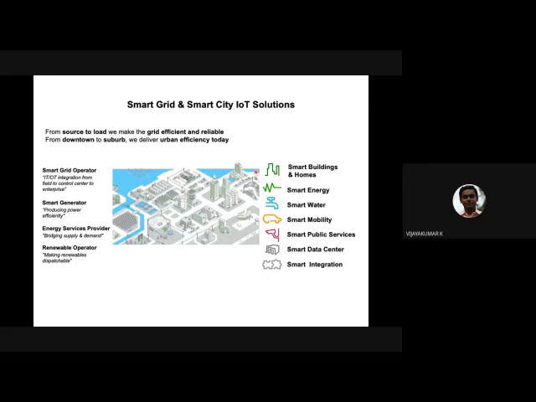In this smart city itself, we have smart buildings and homes, smart energy, smart water, smart transportation, smart public services, and even irrigation and agriculture, with smart irrigation systems. All of that is possible in terms of a smart city.